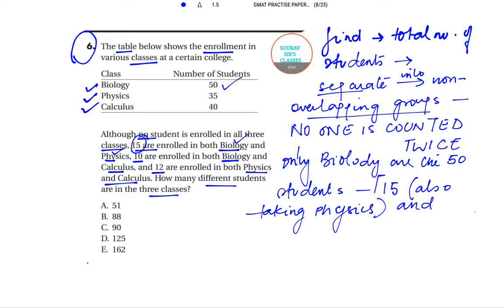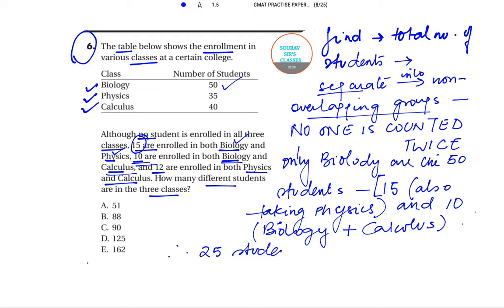So you will be deducting 15 and 10. So 10 are taking both biology and calculus. So they are taking biology, and along with biology they are also taking calculus. So how much are you going to get? You will get that there are therefore 25 students in total that are taking just biology.